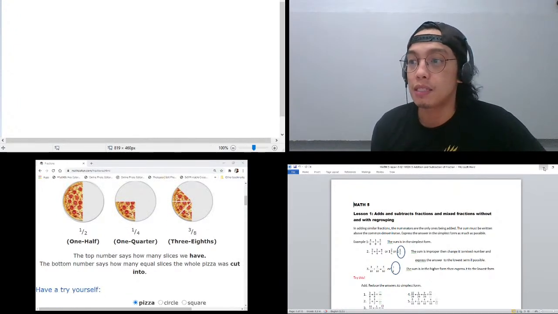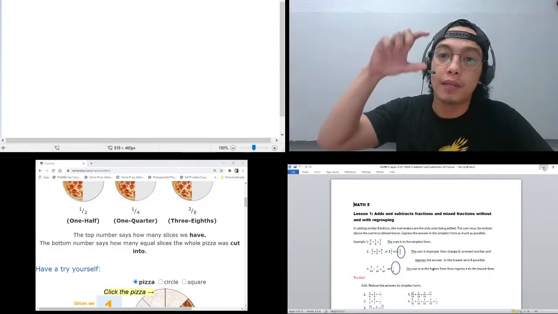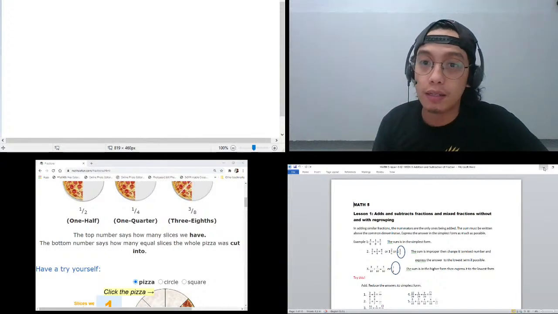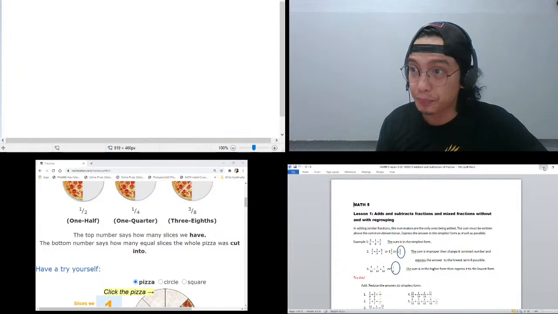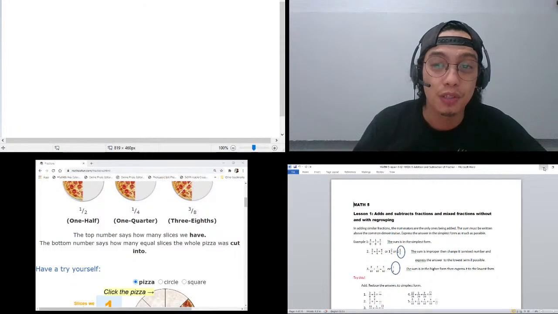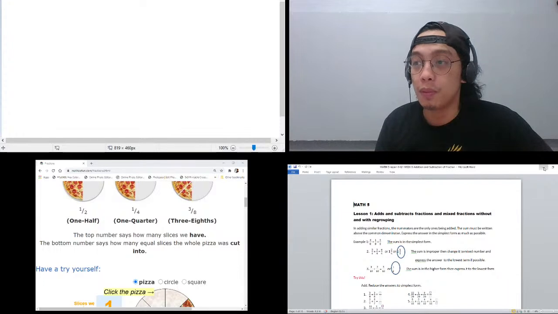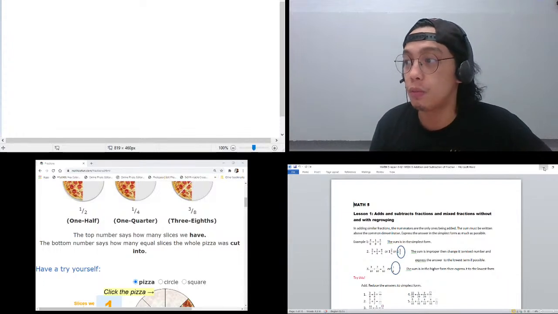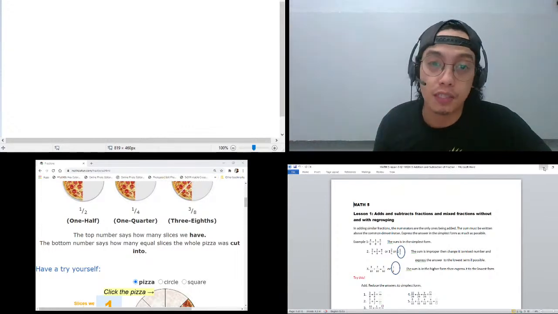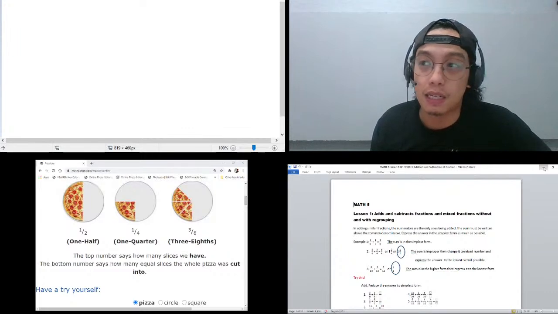The bottom number says how many equal sizes the whole pizza was cut into. So in 1/2, the 1 is the top number, which says how many slices we have. So you have one slice. Over, the bottom number says how many equal slices the whole pizza was cut into. So how many equal sizes you divided the pizza into. So two, in our first picture.